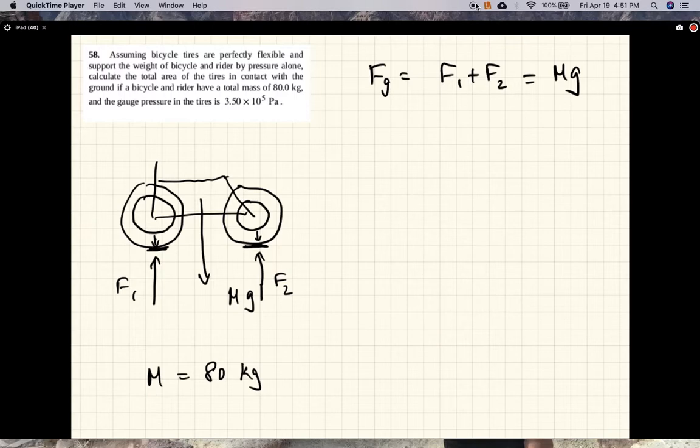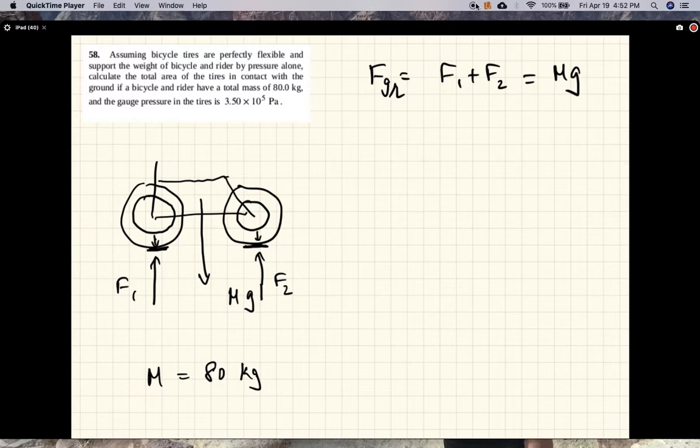Alright, so the force that the ground exerts should be equal to that. Now if you look at these pieces of the tire, they're not moving, so the force due to the air pressure should balance the ground force. And now there's two pieces.